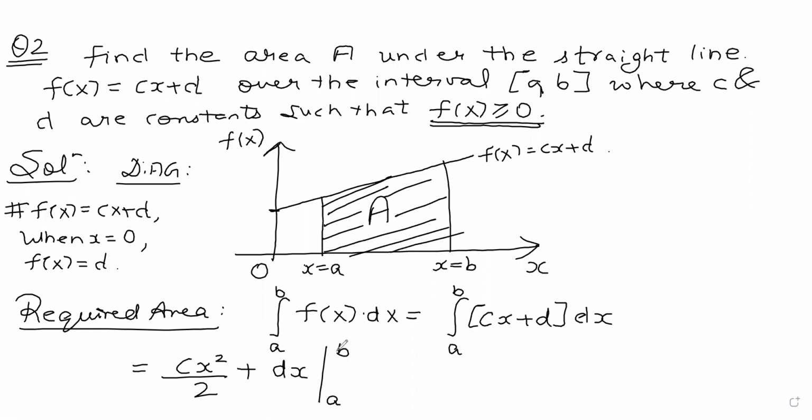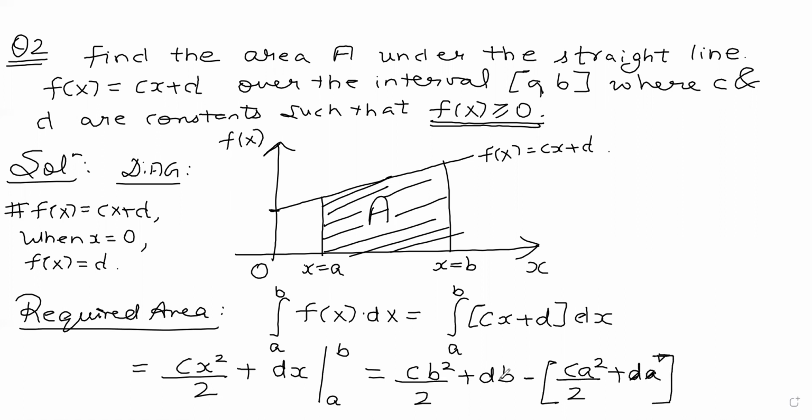Remember guys, integration of a constant d is nothing but d times x because we are integrating with respect to x. Now in this I can first put b, so cb square by 2 plus db, minus, now I can put a, so ca square by 2 plus da.